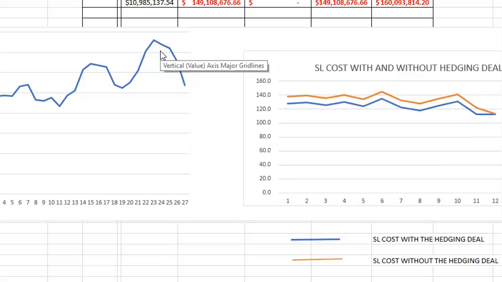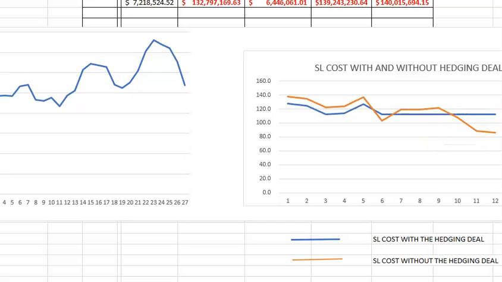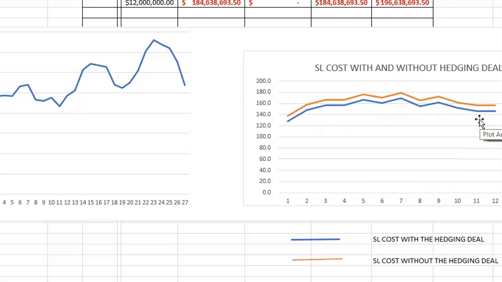And now here it's dipping down, and here again it's dipping down. This area is what we pay. When the orange line is lower, that's what we pay. That's another simulation. And then here we make money.